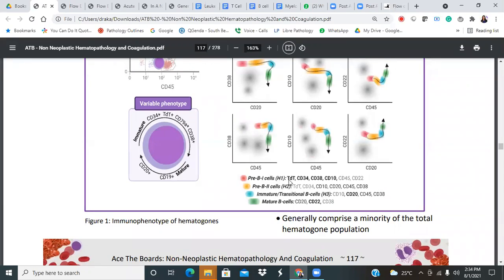The pre-B1 cells will have TdT, CD34, CD38, CD10, and dim CD20 to CD45. The pre-B2 will have dim CD10, dim CD20 and CD45, and then the CD20 will rise in the immature stage, and the mature B cells will have CD22 and CD20 and dim CD38.